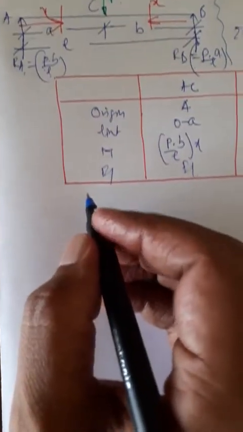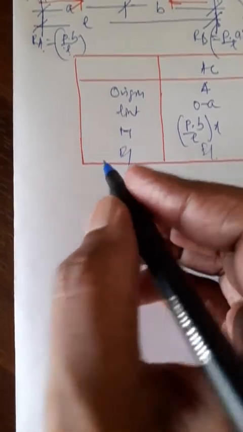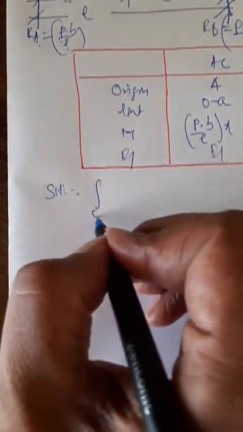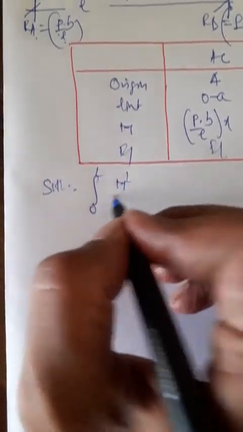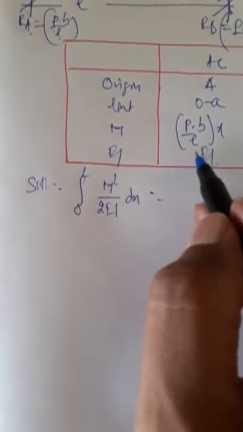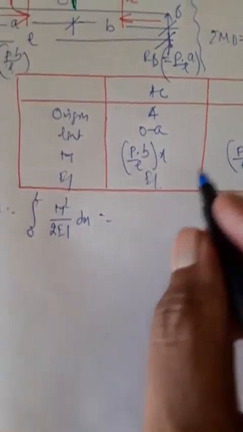Now first I will find out strain energy, then from that I will find out delta. So strain energy is given by integration of 0 to L M square by 2 EI dx. So I have to add for this portion and this portion together.